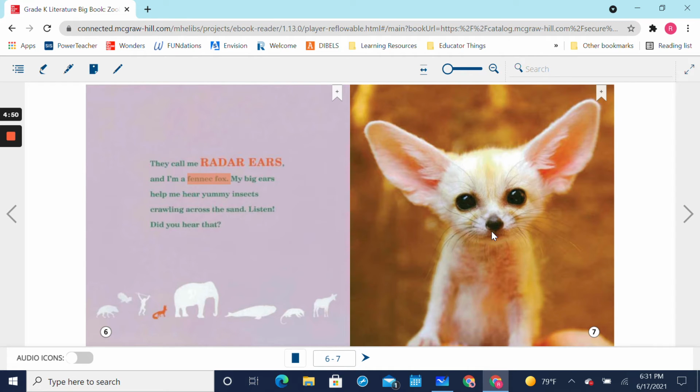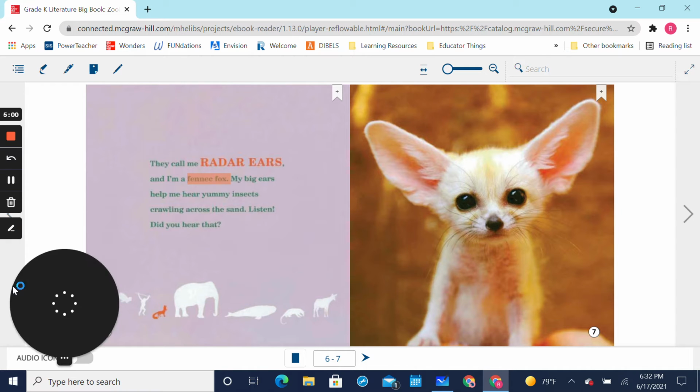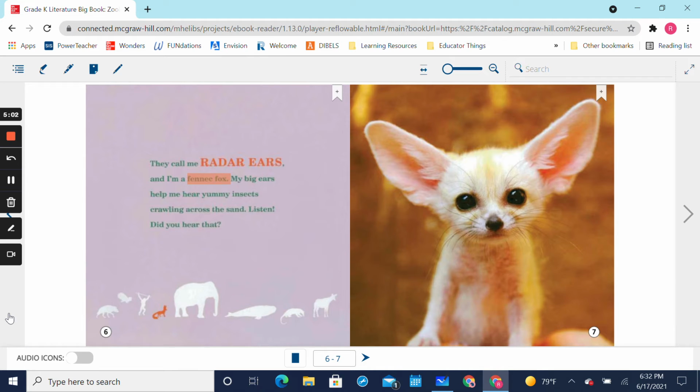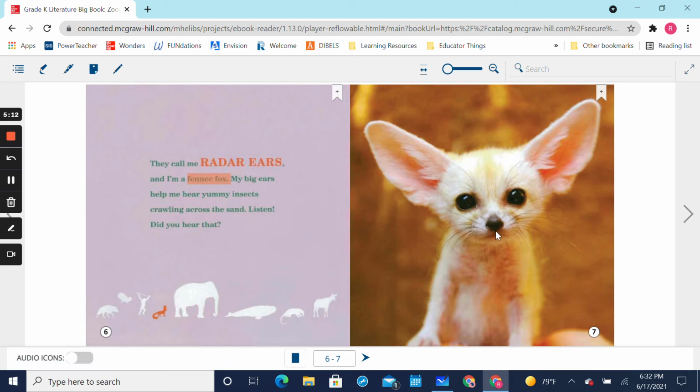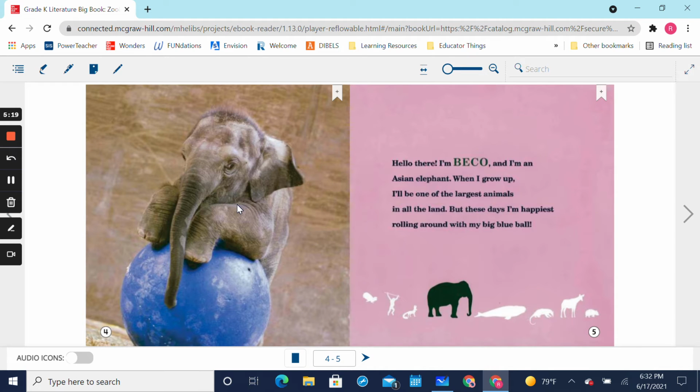One difference that I see is that the fennec fox, our friend Radar Ears, has a small nose. But our friend Biko has a very, very long nose. So while Radar Ear's nose is small, Biko's nose is long. Let's keep going through the story.